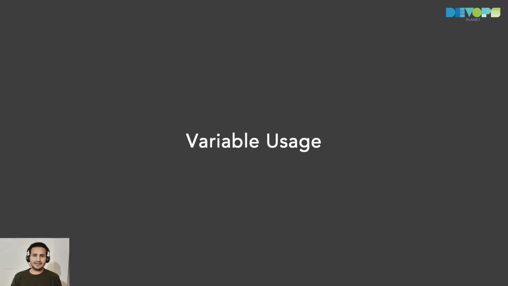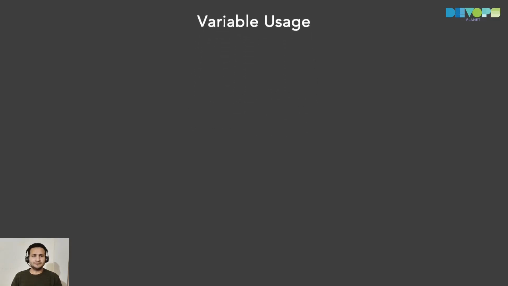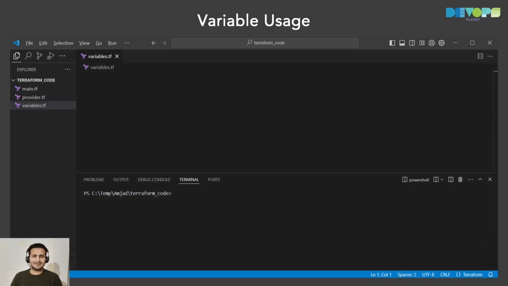So far we have declared and defined them, but we haven't used them. To use the variable, it's very simple. It's not rocket science, I would say. Let's assume I have declared a variable called location, and I have assigned the value of location as west.